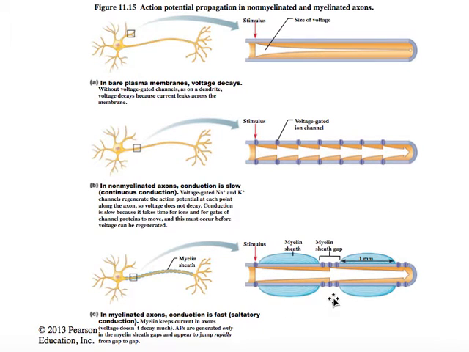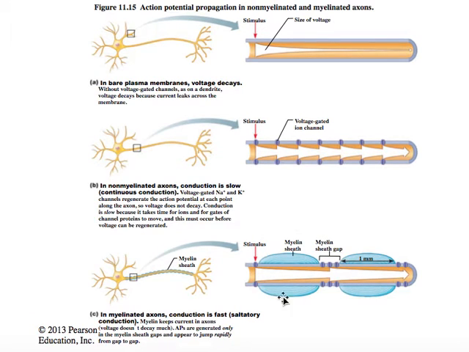The handy thing when you have myelin, though, is called saltatory conduction. So in myelinated axons, which again, the vast majority of axons are myelinated, you no longer have to have voltage-gated channels spaced so close together.